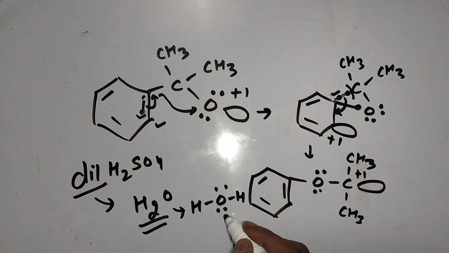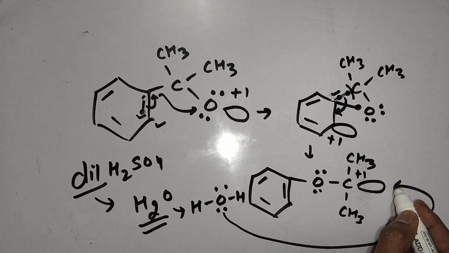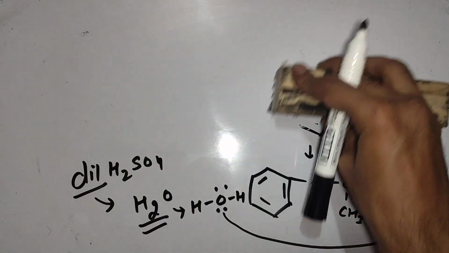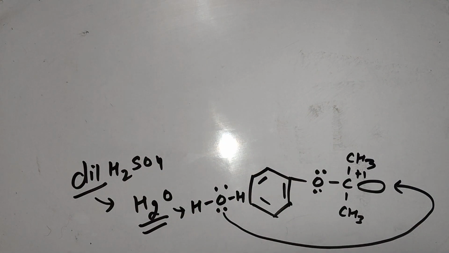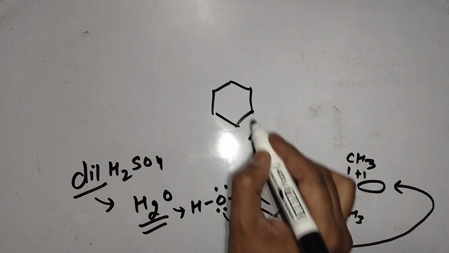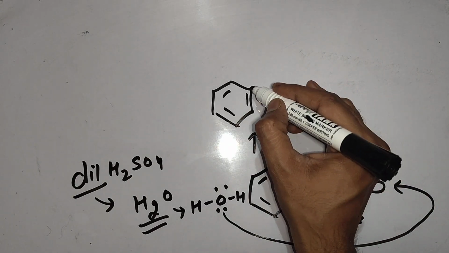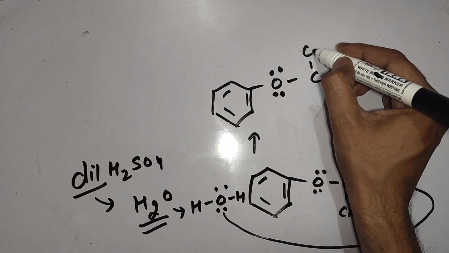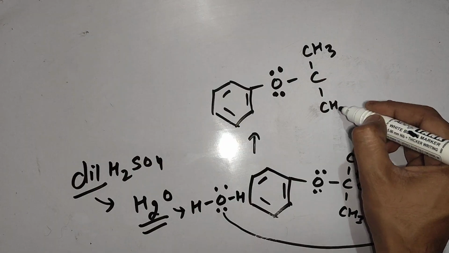The lone pair of oxygen will make a bond with this carbon like this. What will happen? This benzene ring as it is, no change. Oxygen as it is, no change. CH3 as it is.